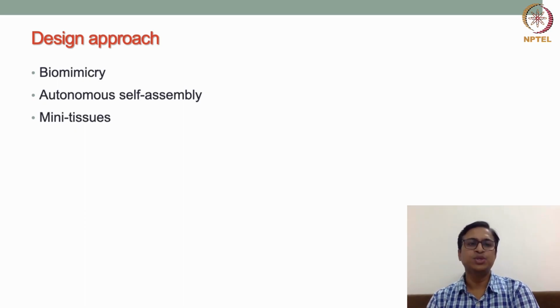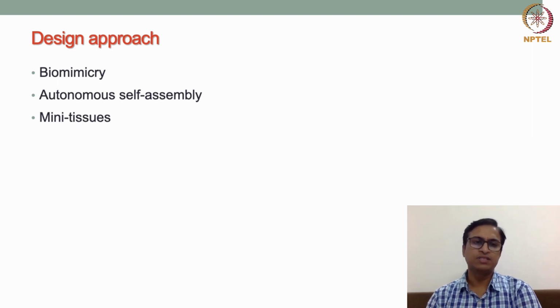Some groups may take one approach when designing a particular organ, or sometimes simultaneously one or two or maybe all three can be used while designing and bioprinting a particular tissue or organ. So we'll see one by one all these three approaches. Those are biomimicry, autonomous self-assembly, and mini tissues.